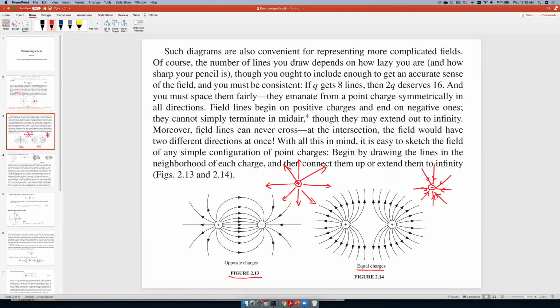Okay, so another feature is field lines can never cross, because if you have some field lines at some position here, if field lines cross, what does it mean?